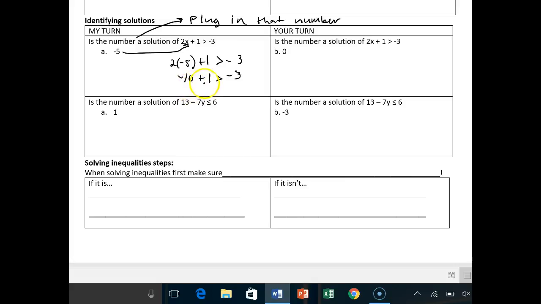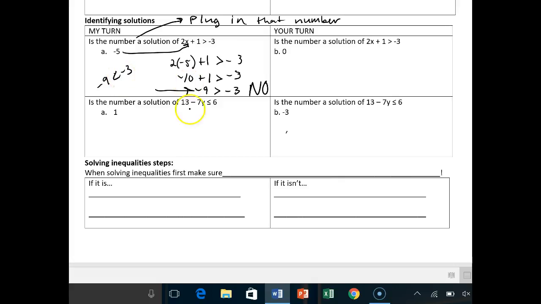Negative 10 plus 1 is negative 9, and is negative 9 greater than negative 3? No, it is not a solution because negative 9 is further to the left on the number line, making it smaller. Negative 9 is actually less than negative 3, but that's not what we have there, so no is our answer there.